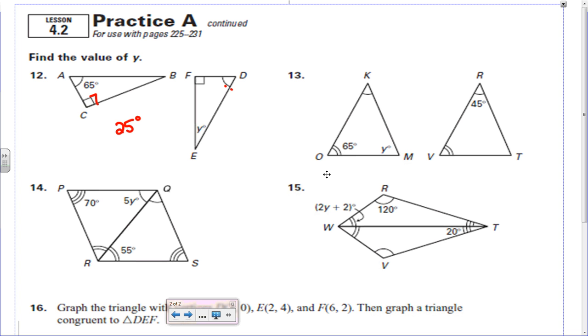For number 13, we have 45 and 65. Now we know this 45 is congruent to this because of the marking. It has one loop. So that's 45. Then they have to add up to 180 degrees. So 65 plus 45 is 110. Now you do 180 minus 110. You get y degrees is 70.